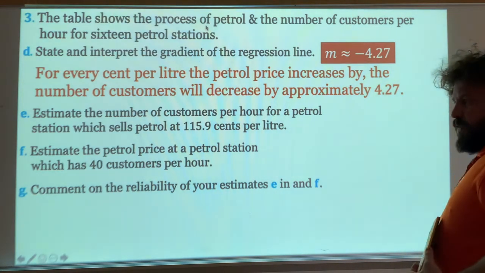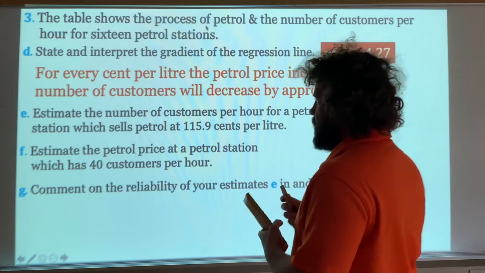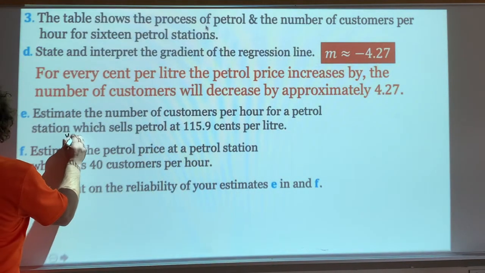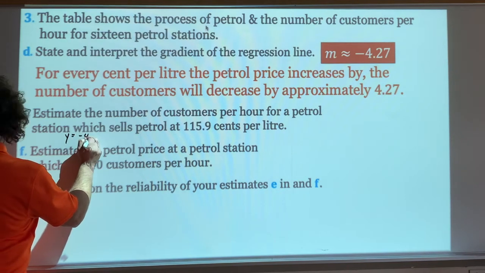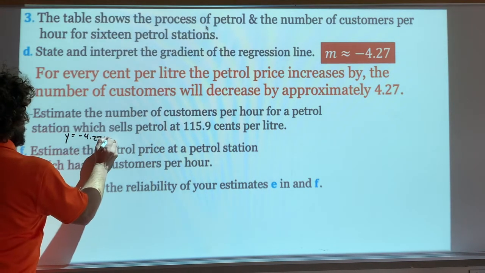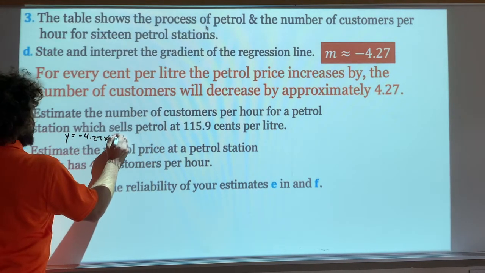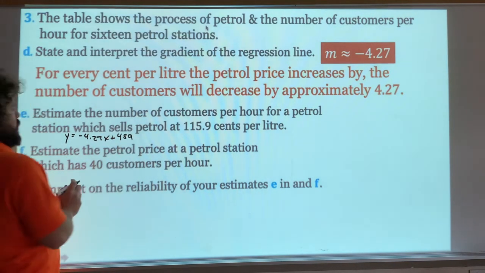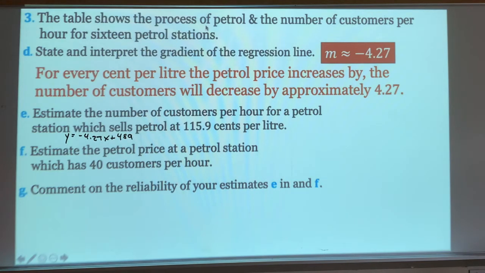In case you forgot, our equation is y equals negative 4.27x plus 489. Use that information and estimate how many customers there are when they sell petrol at 115.9 cents per liter.